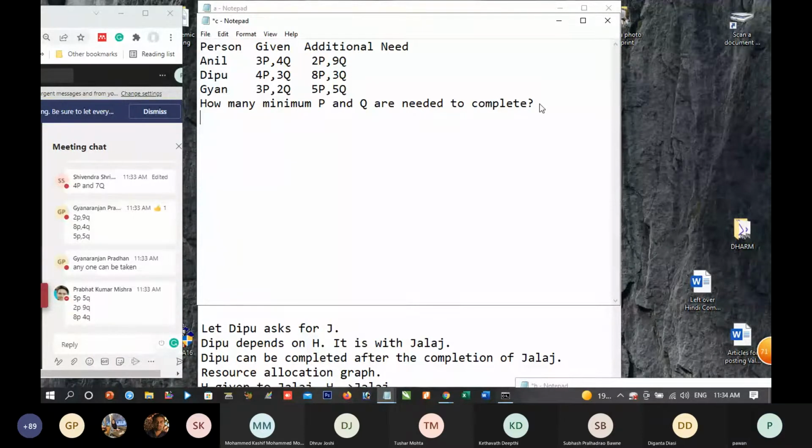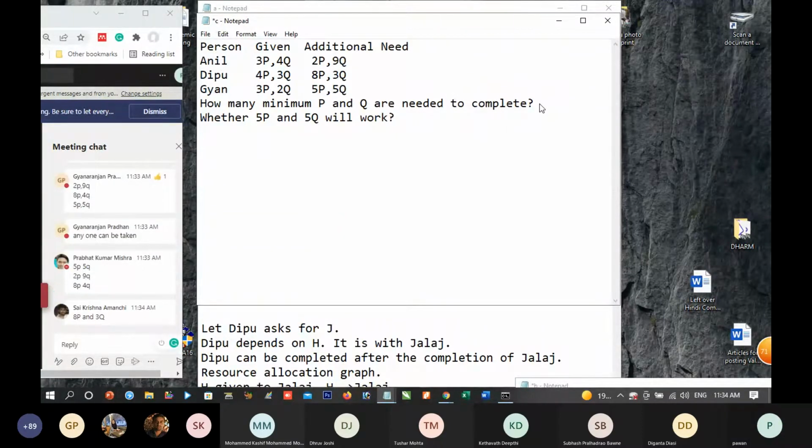Yes. Krishna is wrong. Gyan can be completed.